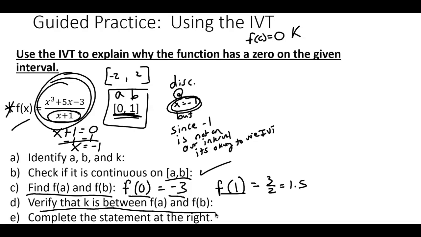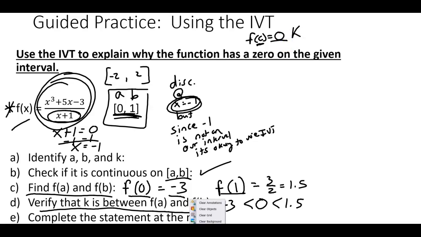So our k value is 0. My f of a number is -3. My f of b number is 1.5. Is 0 between the two y values? It is. So that means we're good to go. That means there has to be somewhere on the interval where there's an x value, where if I plug that in, I'm going to get a y value of 0.